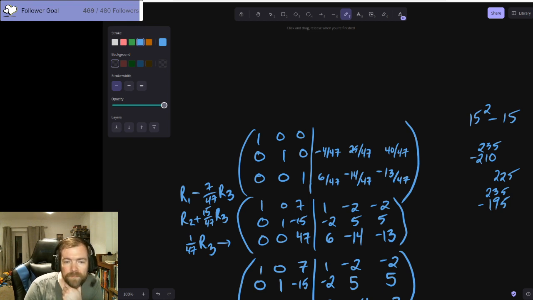Top row. Alright. 1 minus 42 47ths is going to be a 5 47ths.